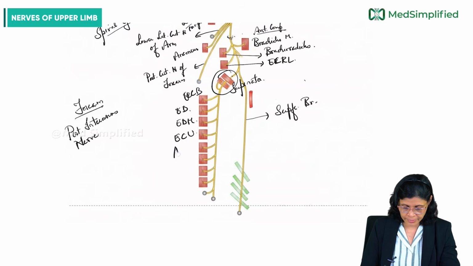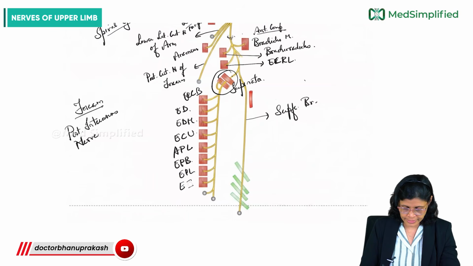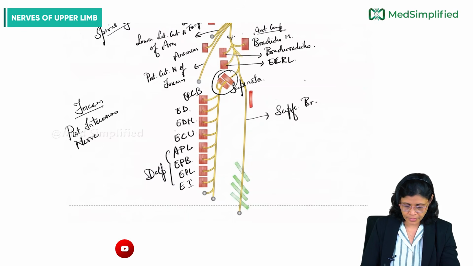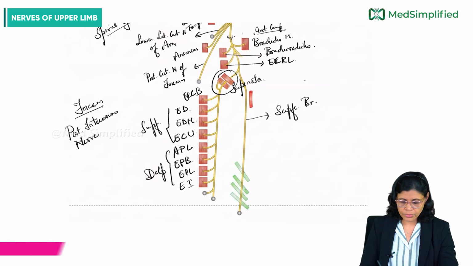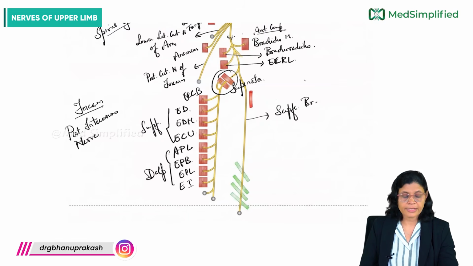Then we have the abductor pollicis longus, extensor pollicis brevis, extensor pollicis longus, as well as the extensor indicis. These are the deeper muscles. So all the extensors are supplied.